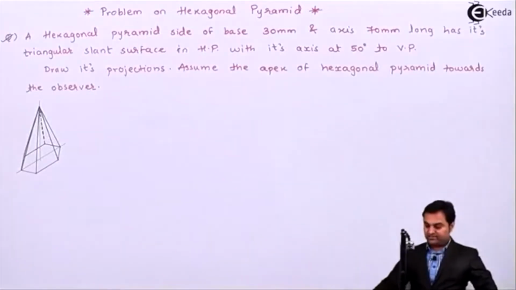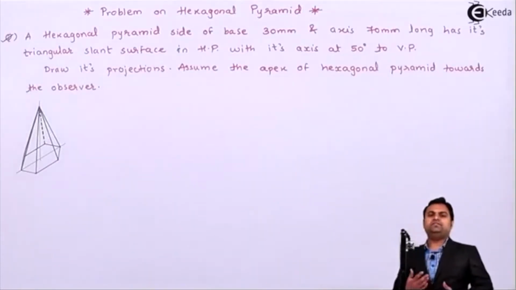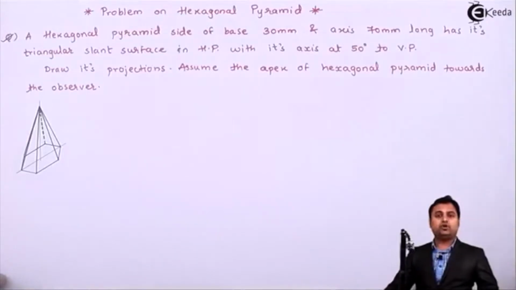So here we have a hexagonal pyramid in which the base is in the shape of a hexagon and it has 6 corners.